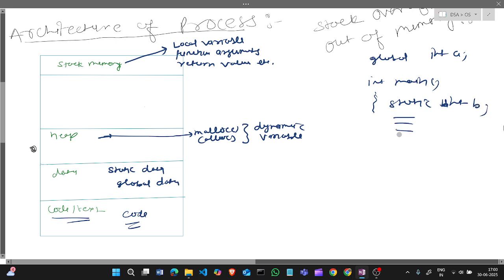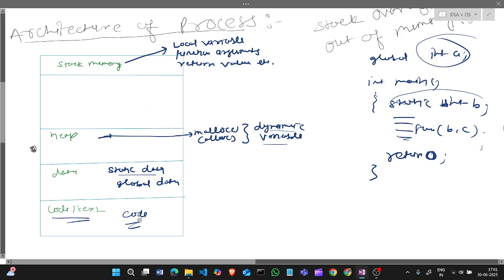Several statements, return type is 0, and function arguments are also there, where it is taking v and c, etc. So the stack memory is storing the local variables, function arguments, and return types. The heap is storing the dynamic variables, and data memory is storing the static data and global variables. And the other statements are stored in the code and text segment.